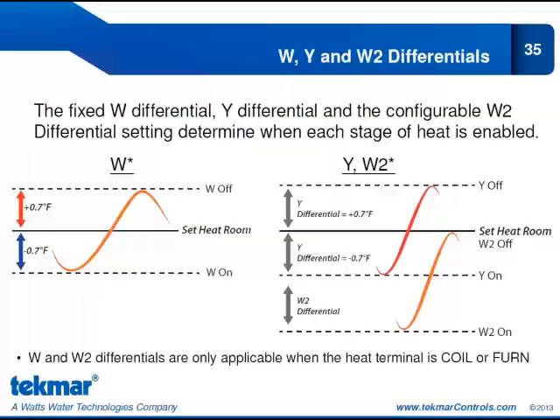In this case, I'll refer you back to the application where we had the 3 stages of heat with the electric strip backup. Remember how I set W2 to furnace? The reason I did that was because I wanted access to this W2 differential. If I set it to other, I would not have access to configure the W2 differential.